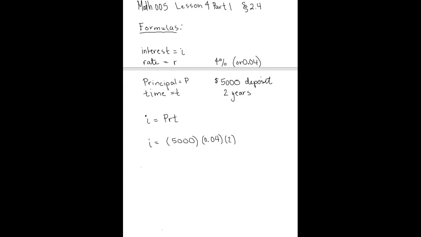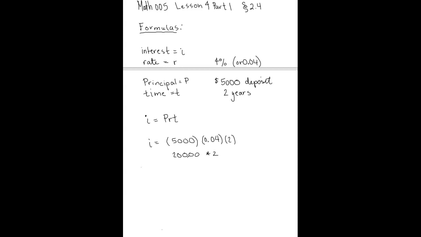So I'm going to have 4 times 5, which gets me the 20, and then I have 3 more zeros.